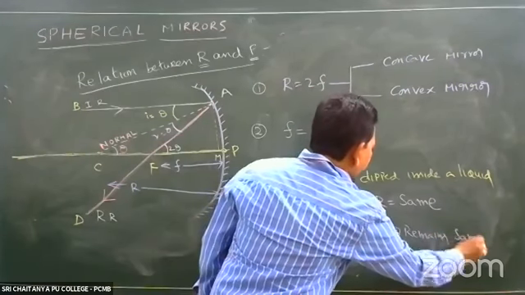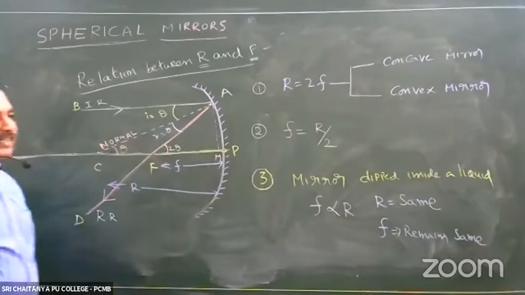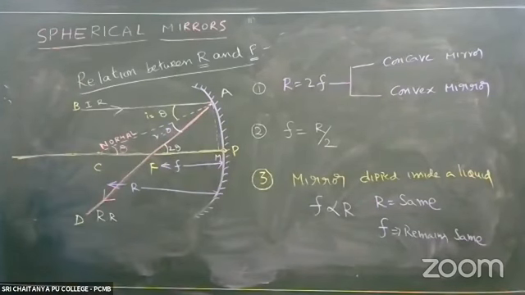Though it is dipped inside the liquid, either water or any liquid, the focal length does not change because it only depends upon the radius of curvature. So the F value remains the same.